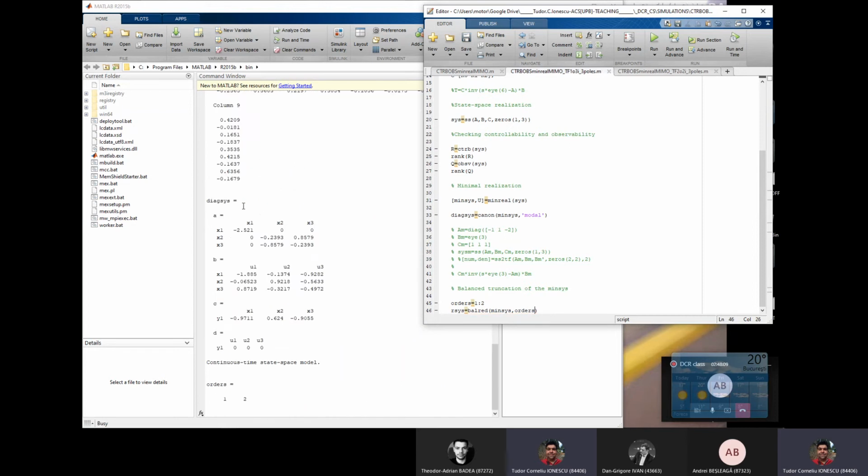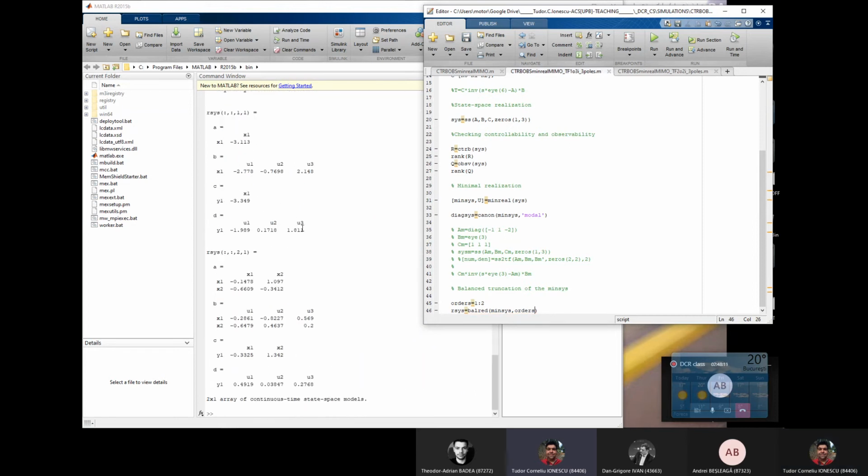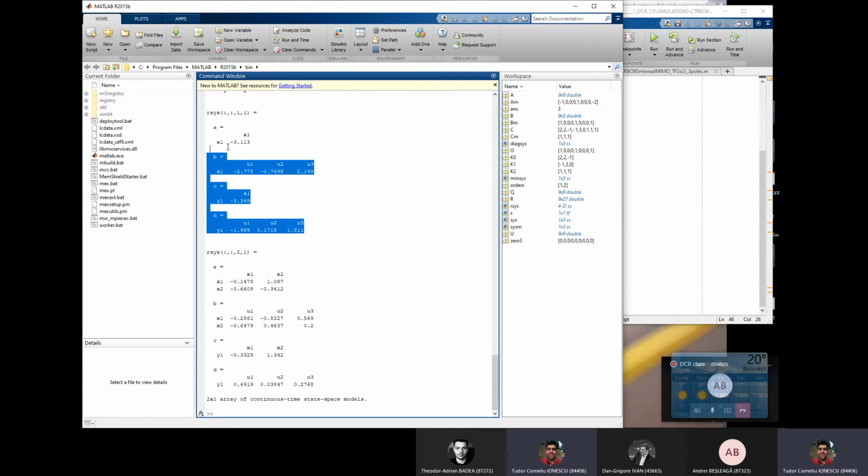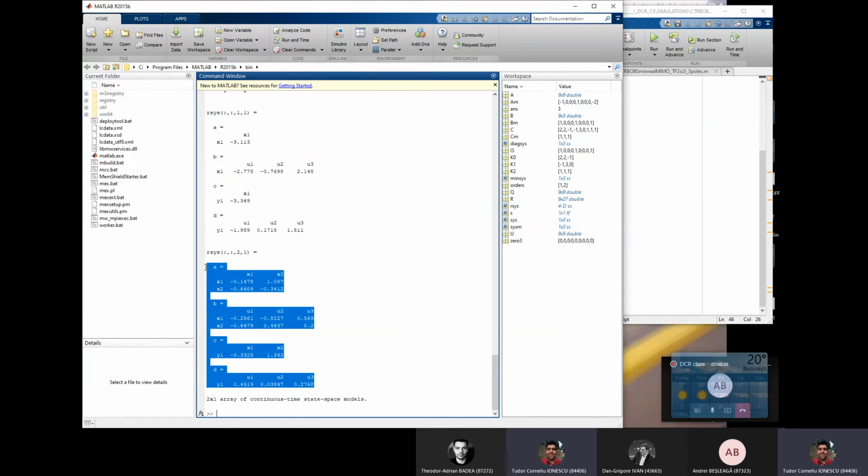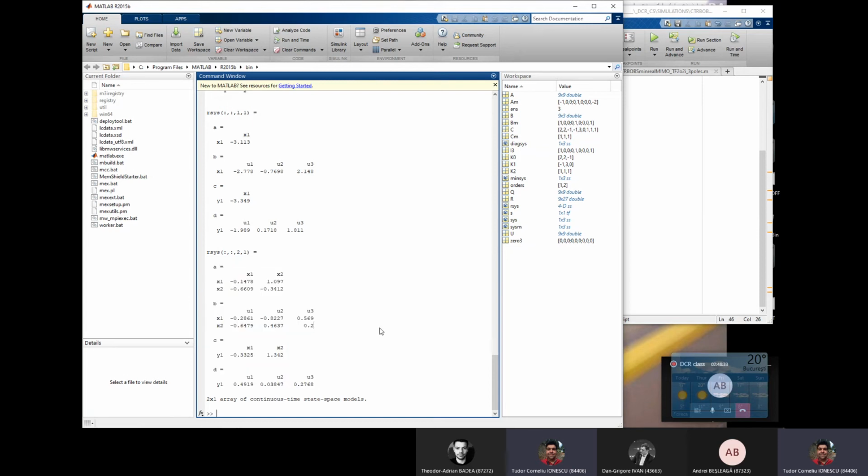Let's see if this works. You see, it gave you the balanced truncation models of order 1 and order 2. So this one here is the first order approximation, and this is the second order approximation.